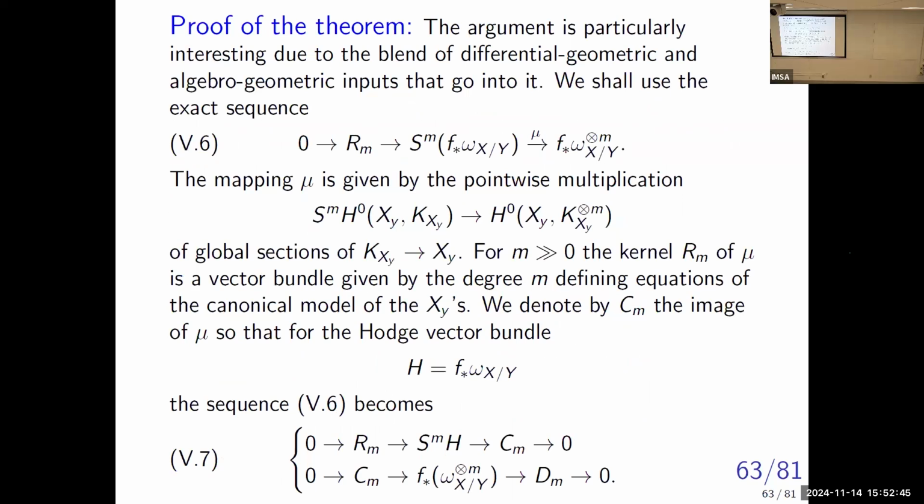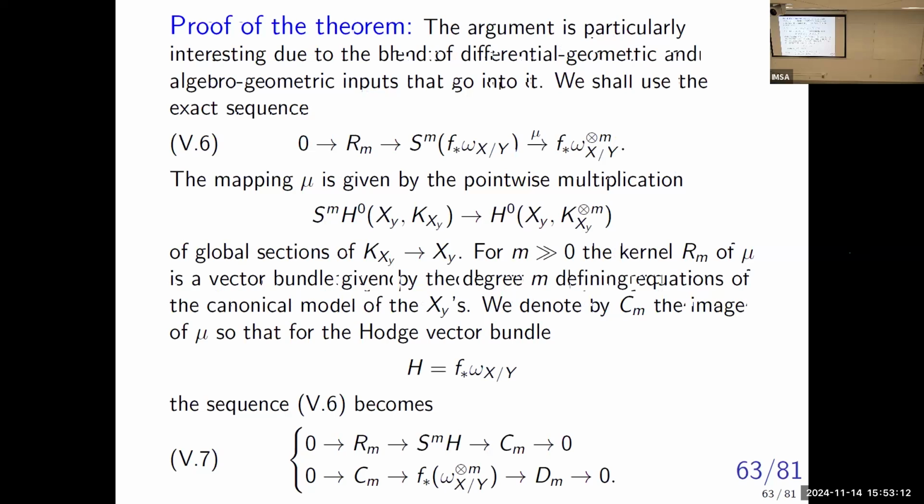So the argument goes as follows. You take the symmetric power of the direct image. So this is a vector bundle, take its symmetric power. Those map to the push down of the power of the canonical along the fiber. And this map is given by pointwise multiplication.